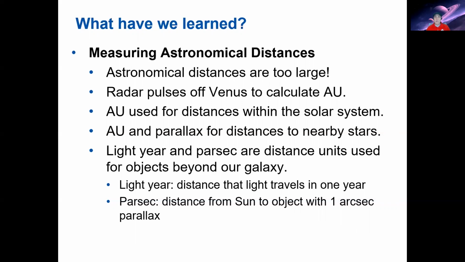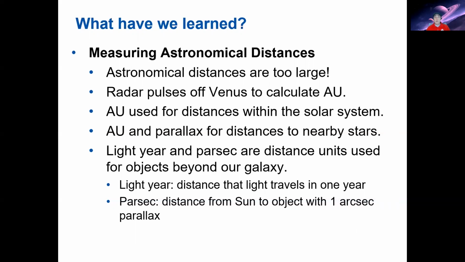This value was finally calculated in the 1960s using radar pulses bouncing off the planet Venus. Astronomers use the AU to explore and understand the distances and motion of objects in the solar system.